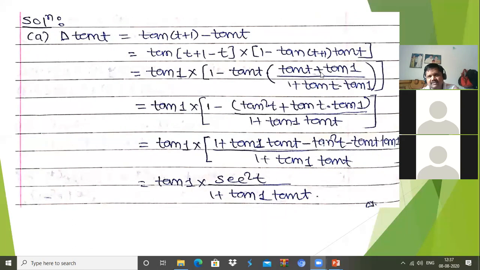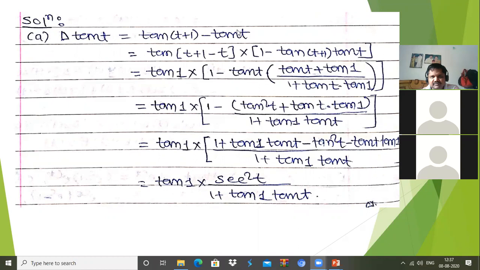The formula is tan t plus tan 1 upon 1 plus tan t into, I think there is minus 1 or plus. For tan alpha plus beta, tan alpha plus tan beta upon 1 minus tan alpha into tan beta, there are some mistakes.